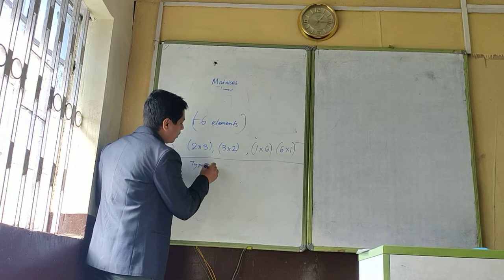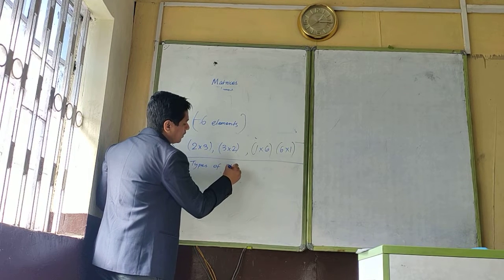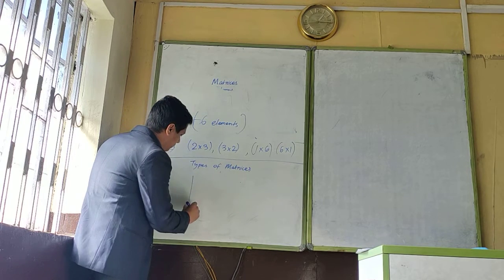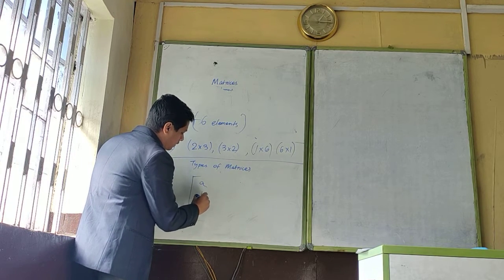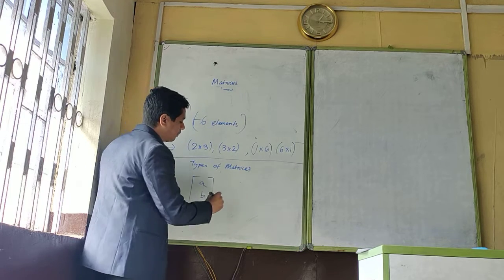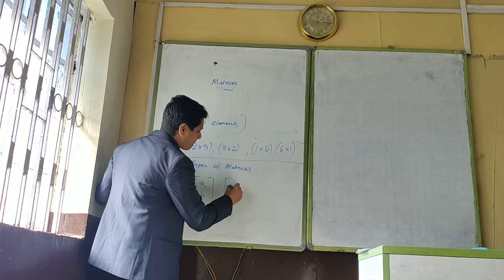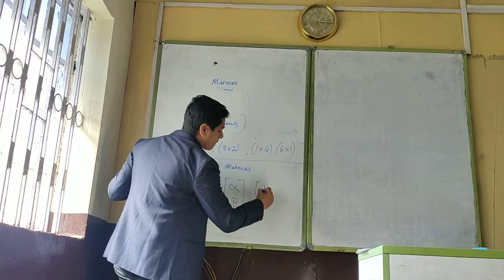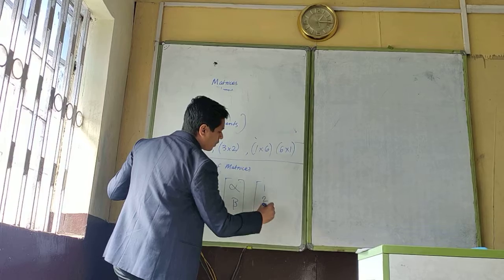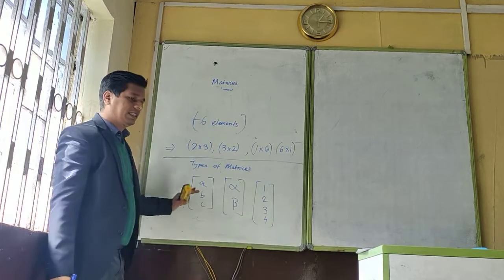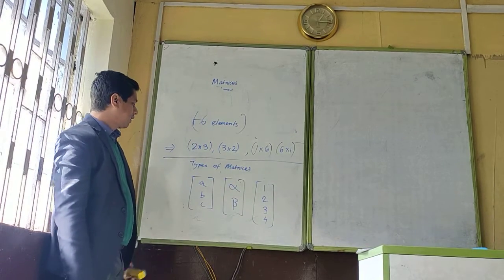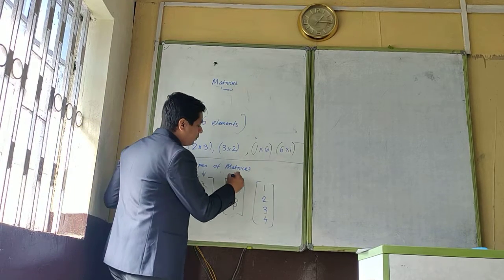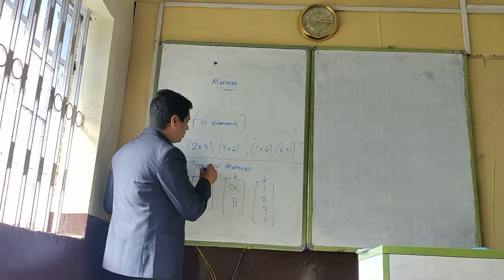Types of matrices. Let's try to understand with some examples. If we look at these matrices, what we can find is there are no rows present in this type of matrices, only columns are present.